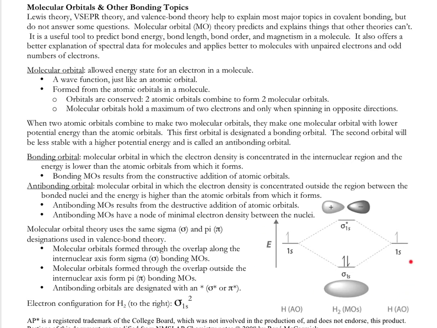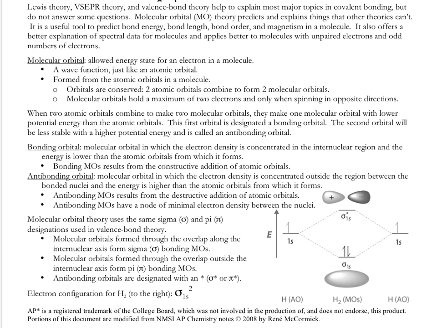And right here we have the electron configuration of hydrogen. There's just a couple features I want to highlight. We have our 1s and our 1s, so that's going to combine and make two orbitals: a sigma bonding orbital and a sigma star antibonding orbital. So we've combined two atomic orbitals and made two molecular orbitals.